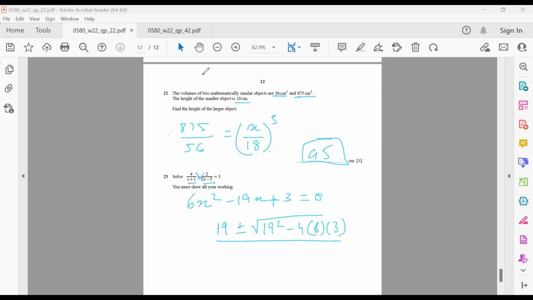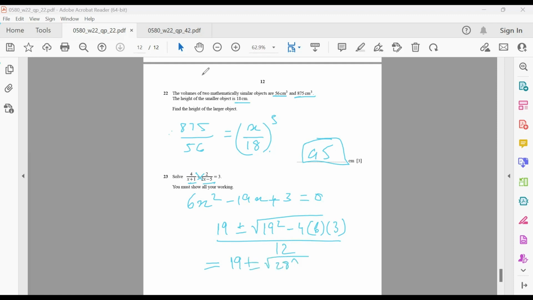The whole thing upon 2 into 6, which is 12. So 6 into 3 is 18, 18 into 4 is 72. So we have 19 squared minus 72, which is 289.